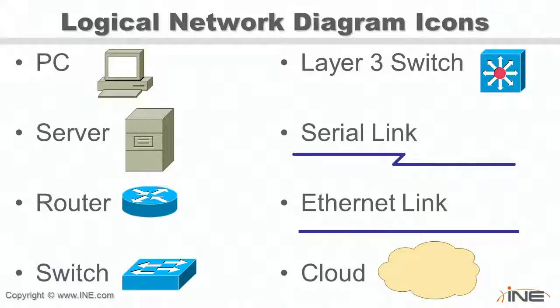As long as I send my data to them and it comes out on the other side, that's all I care about. So any diagram where you see a cloud like this just means there are some networking devices in there, but you don't care about the details of them.